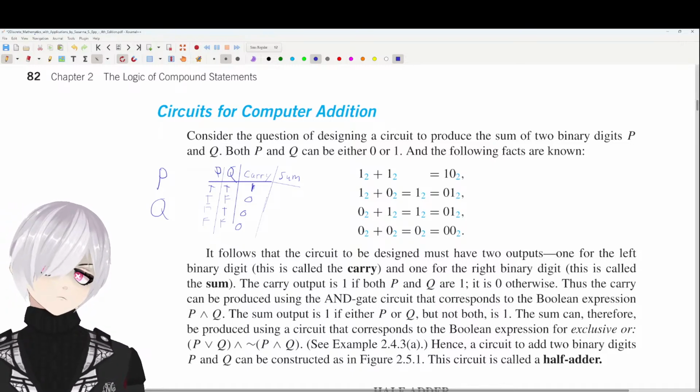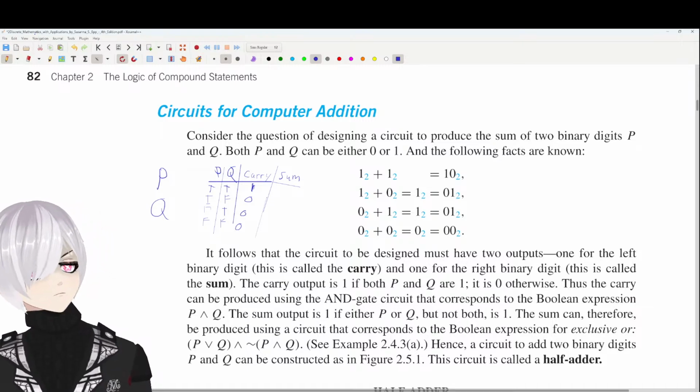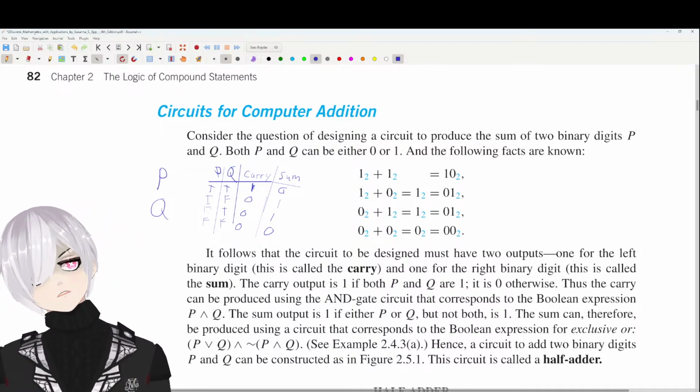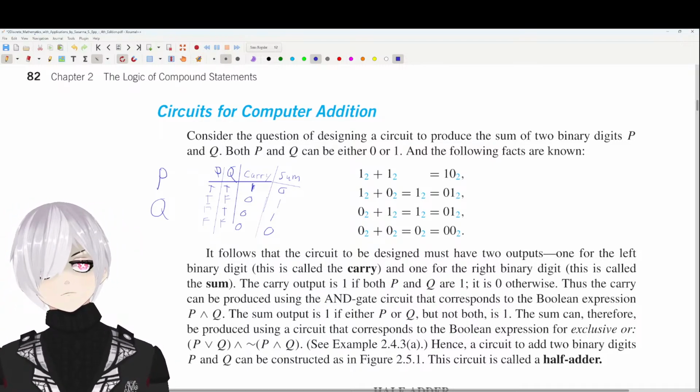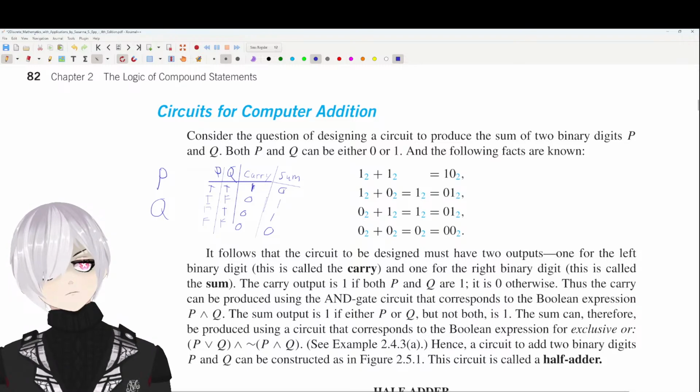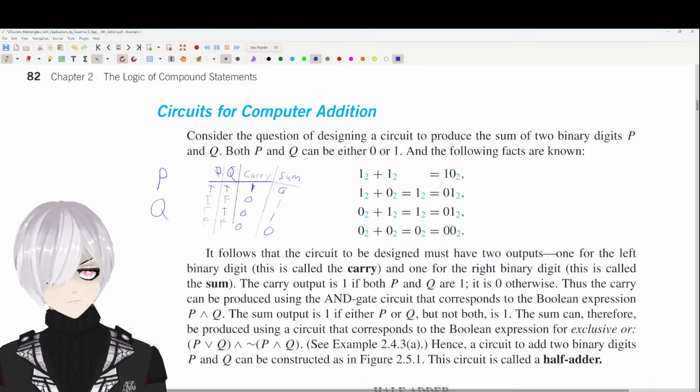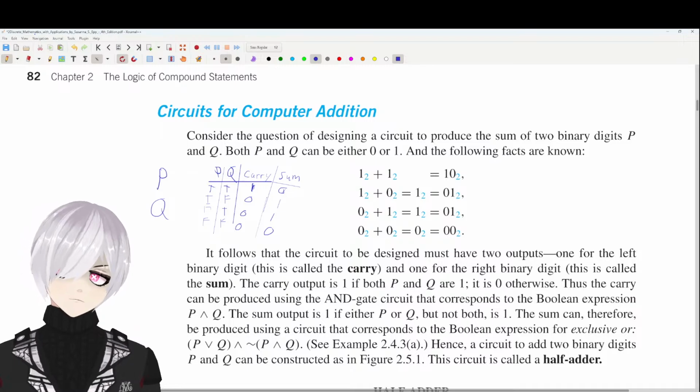Yes, exactly, the carry is only one when both P and Q are one, and by observation of those sums, the rightmost digit is one just when one of P or Q is one, but not both.